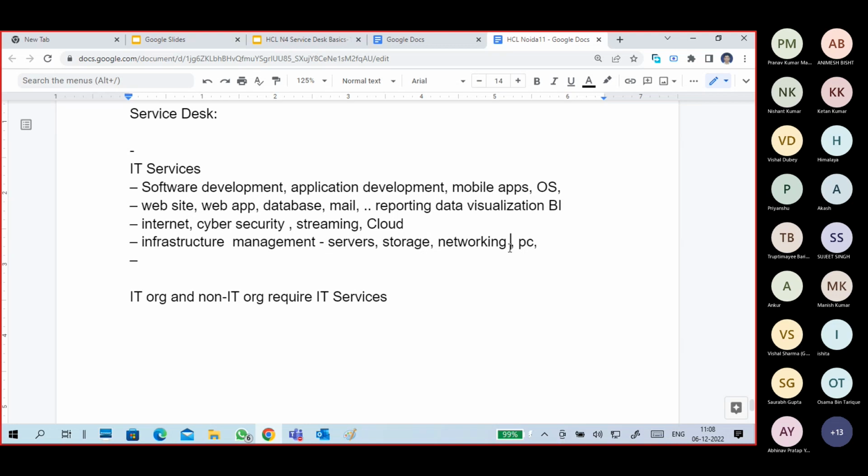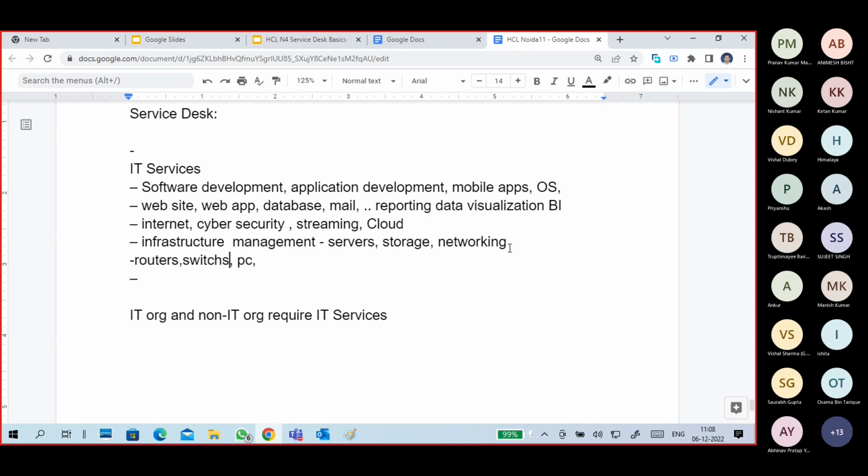Everything is networking related. Routers, switches, cables, firewalls.